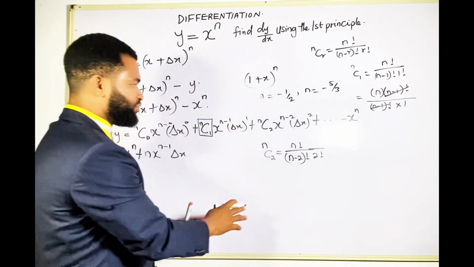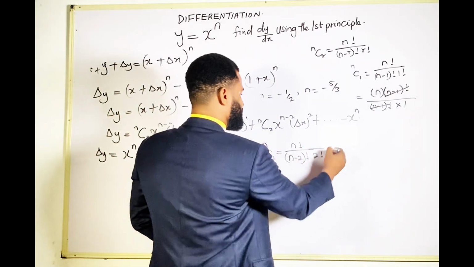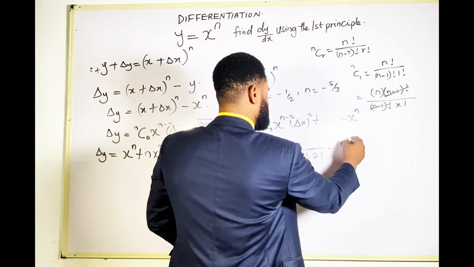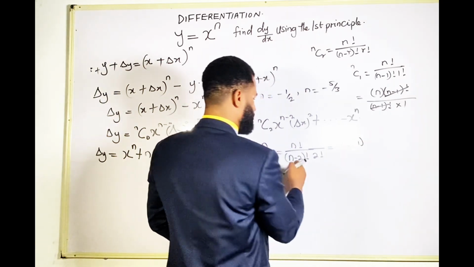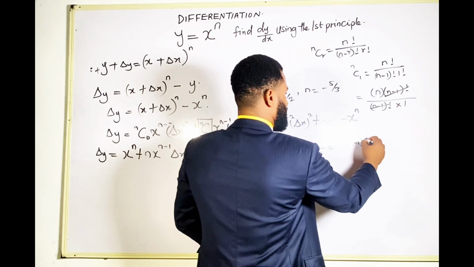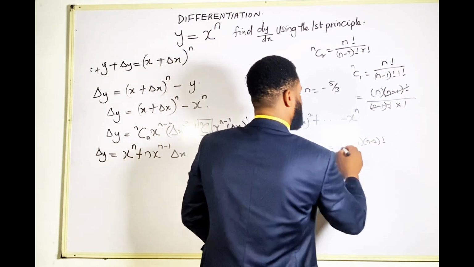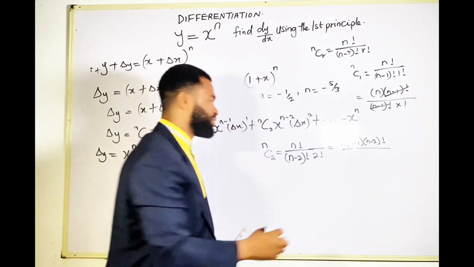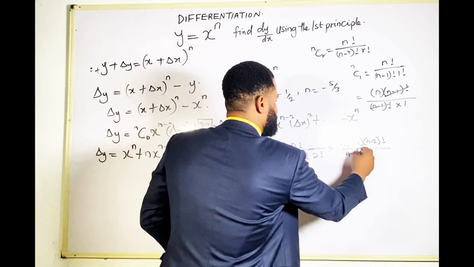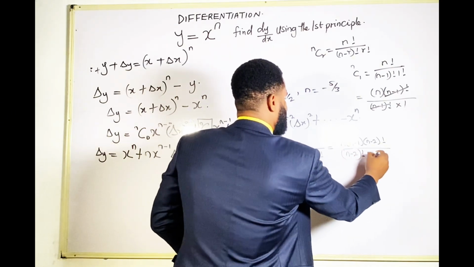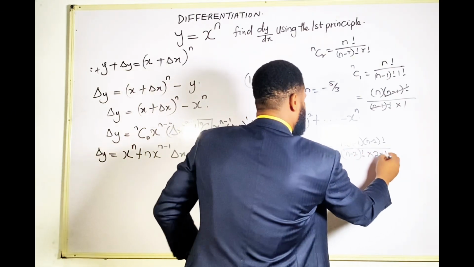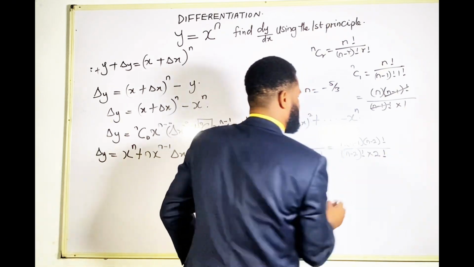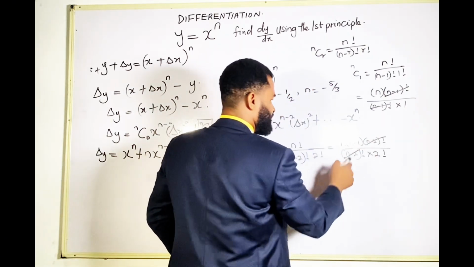So that is what it is. So let's simplify this. When I simplify this, I'm going to have n multiplied by n minus 1, then n minus 2 factorial. Let's stop there so that you can cancel with the denominator. I have n minus 2 factorial times 2 times 1, or simply 2 factorial. So this cancels this. I have this.